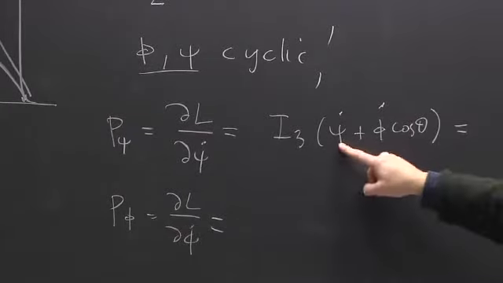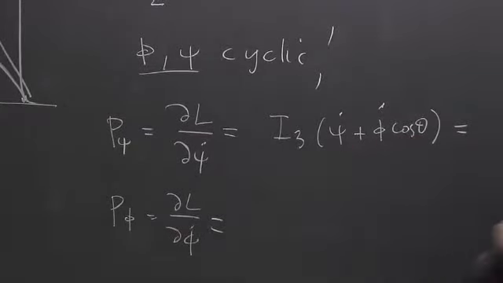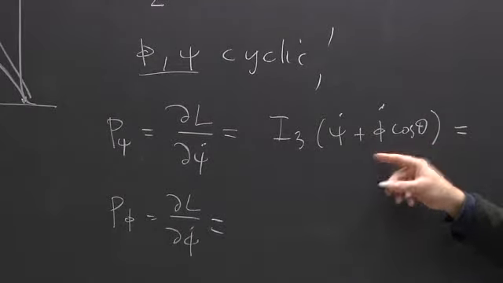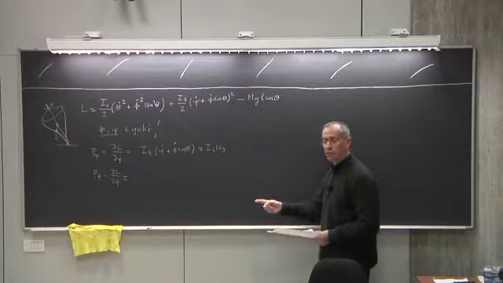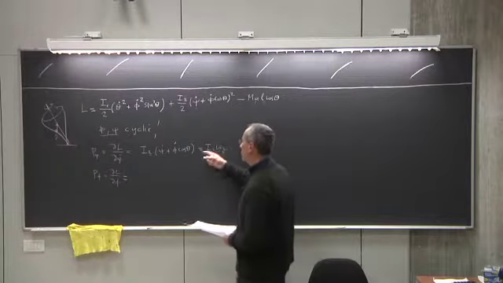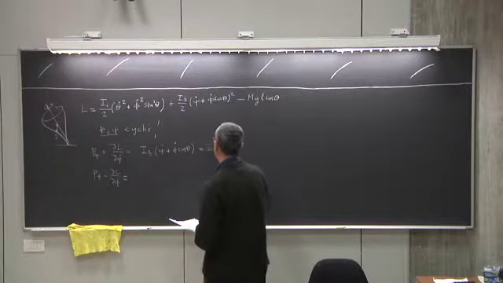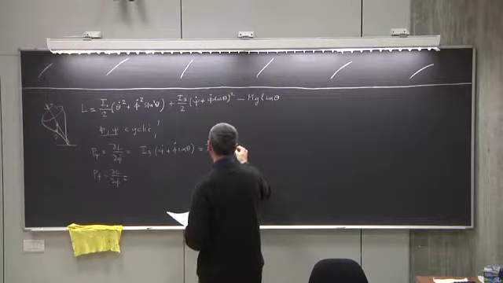Well, in general, you know that this is what? You remember how you go from the angular velocity to the Euler's angles. This is actually omega 3, right? You remember I wrote it here. But because of this conserved quantity, because of Noether's theorem, this is just a constant.